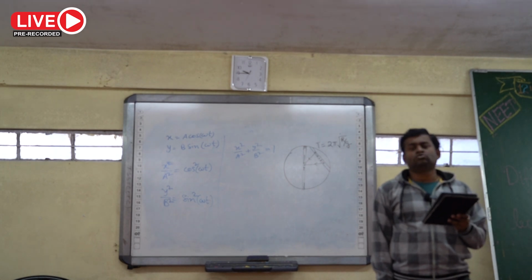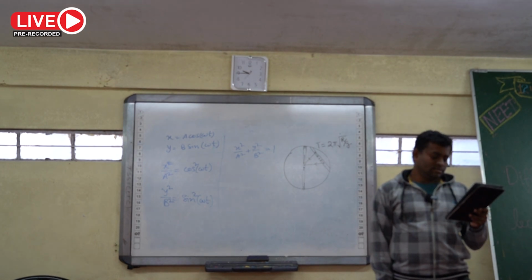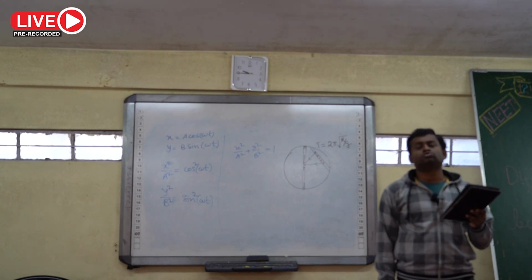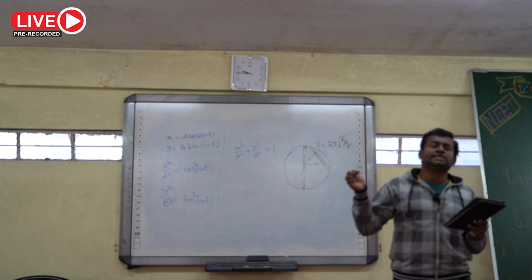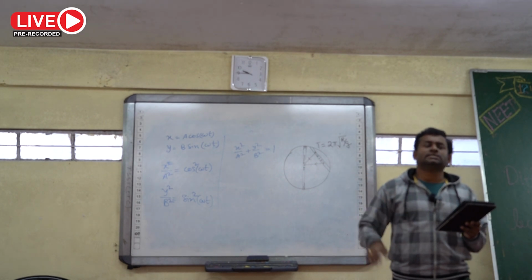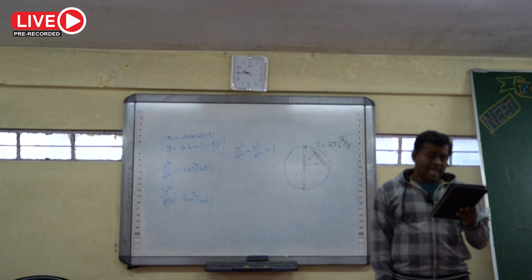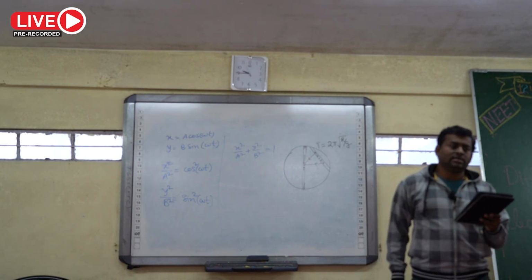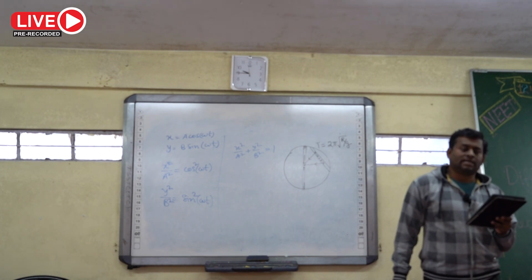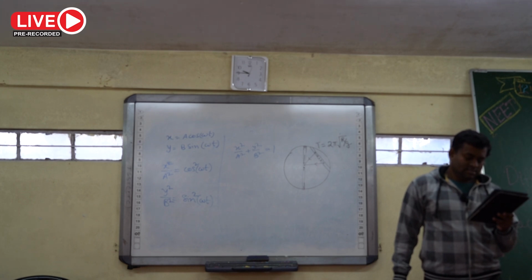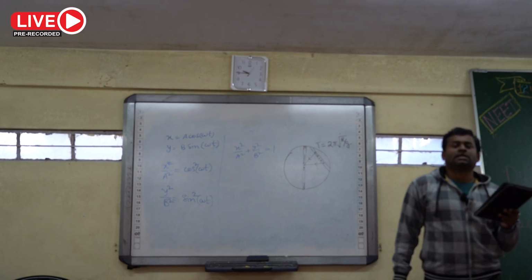The first SHM is along the x axis, the second SHM is along the y axis. If they act on a particle simultaneously, then find the trajectory of the particle.